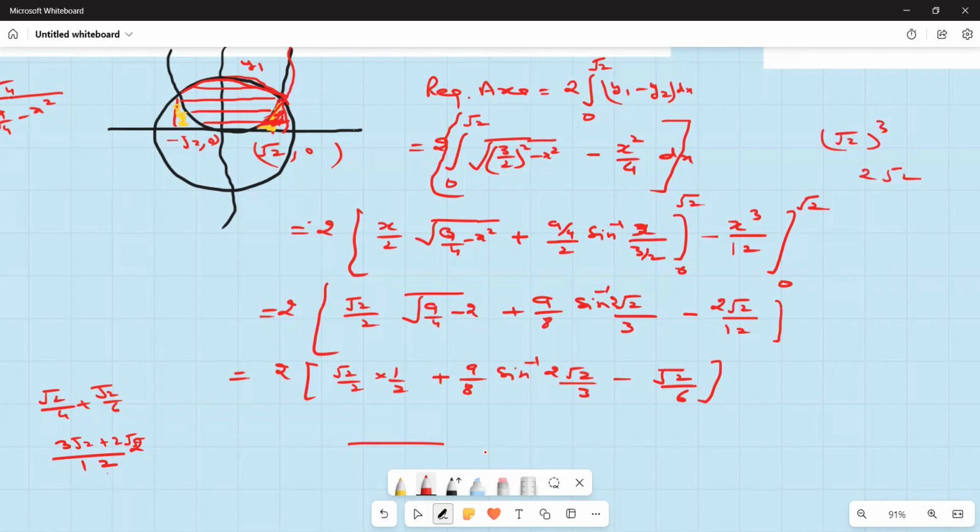That is also right. 4 3s are 12. That is also right. So x by 2 into a square minus x square plus a square by 2 sine inverse x by a, right? This is right.